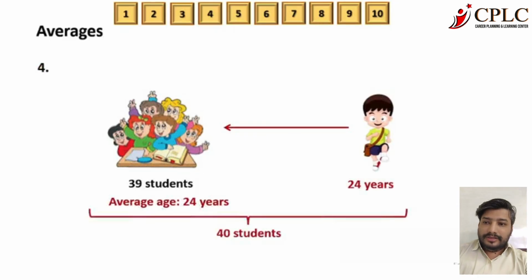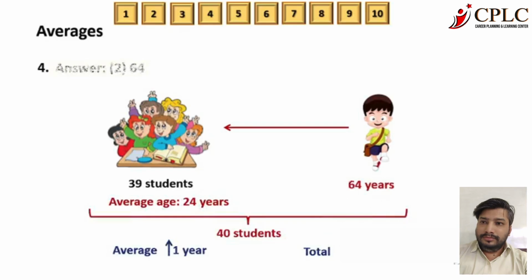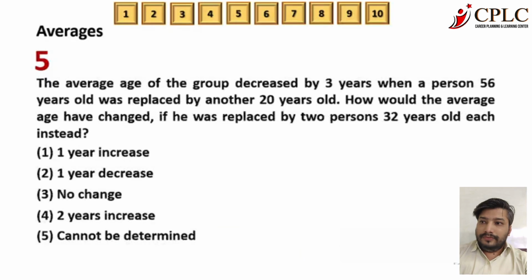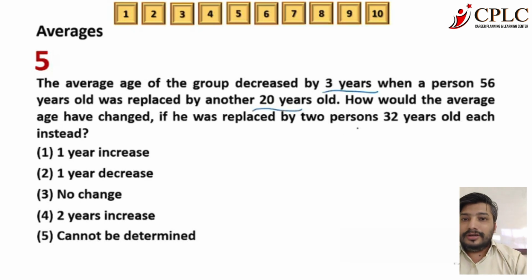Now let's think about the 5th one, which says the average age of the group decreased by 3 years when a guy who is 56 years old is replaced by another guy who is 20 years old, and how would this average age have changed if he was replaced by 2 people of 32 years old each.